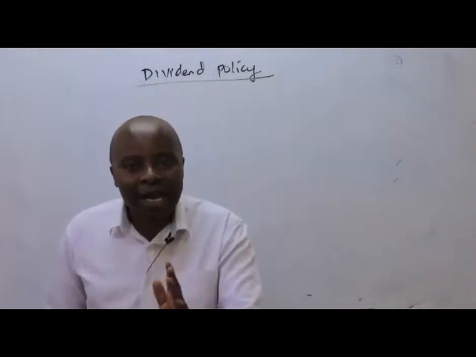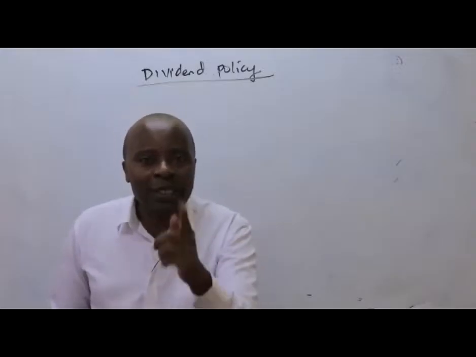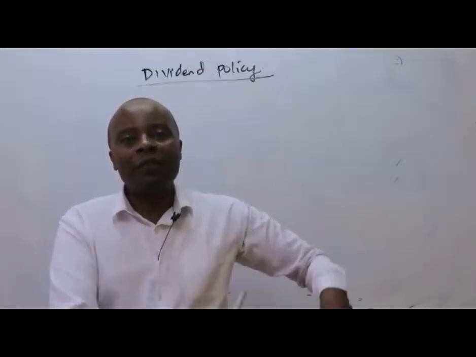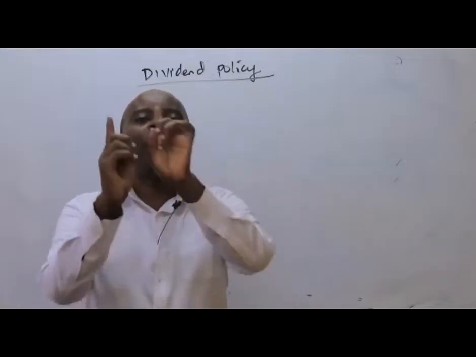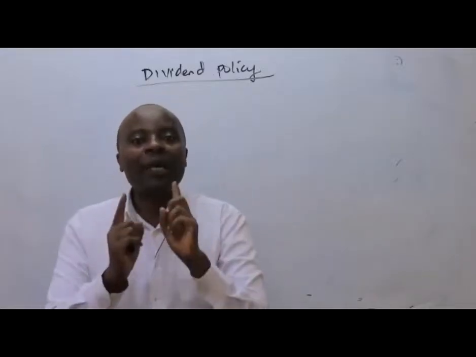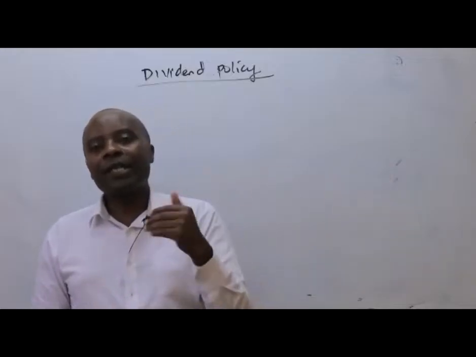You'll be surprised, regardless of how sweet your tongue is in convincing them that whatever they leave behind will be helpful to them in the future. They will not accept. That proposal will automatically show you the exit door. So we need to balance.